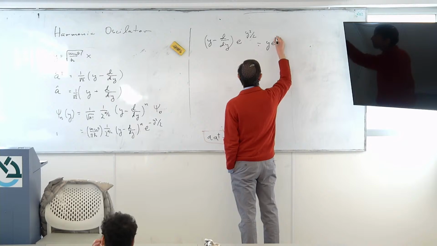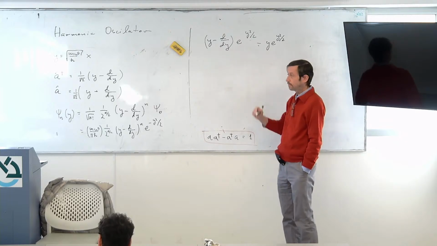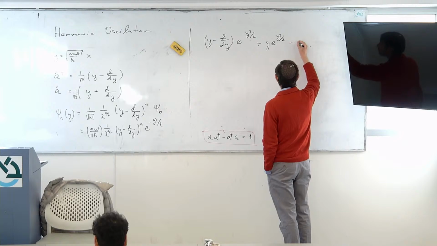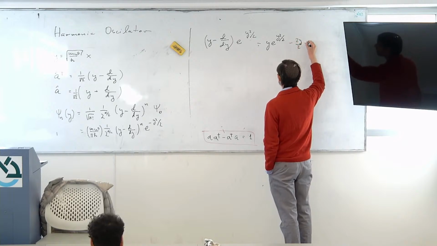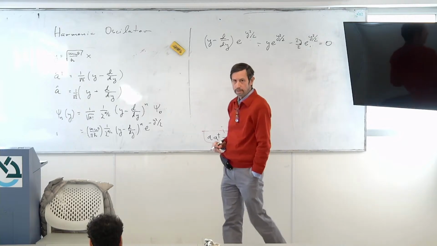So the first guy is just y times this, and performing the derivatives gives me 0.